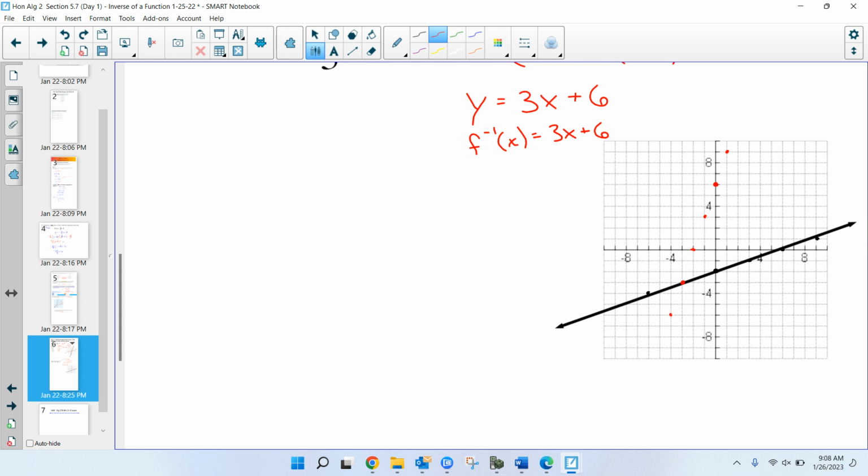I know this probably doesn't need stated, but if you rise 3 and run 1 to the right, and you run out of room, you could also go down 3 and go to the left 1, right? To get the slope of 3. There's the inverse.